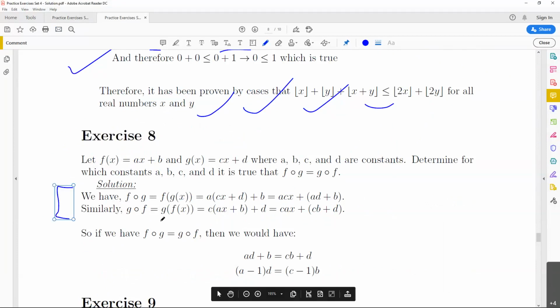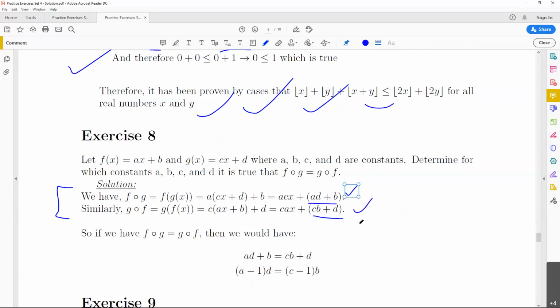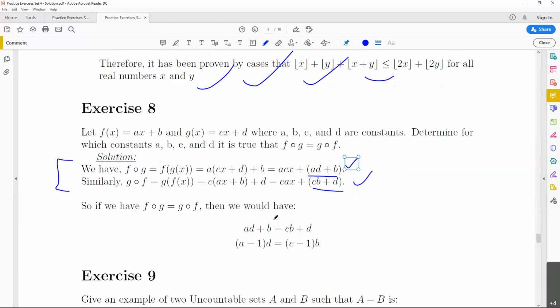So this is f round g and g round f. When are they equal? When this part equals this part. Just to make the equation better looking, we take the d here and the b on the other side, taking each in common. You're left with this equation.